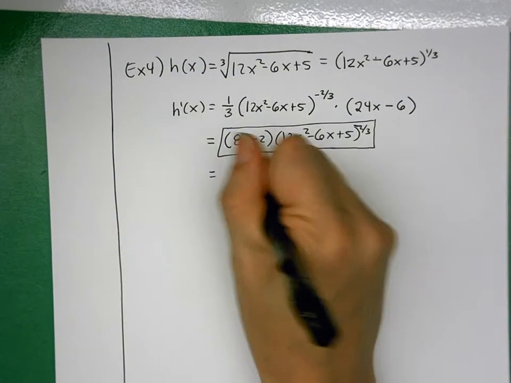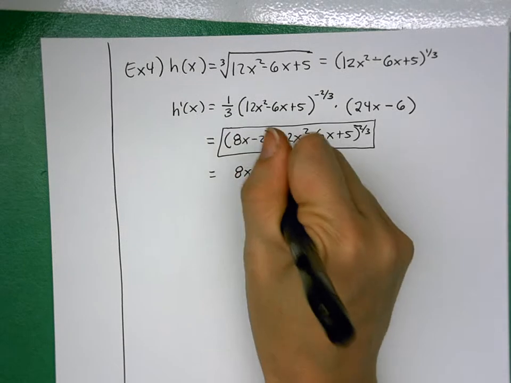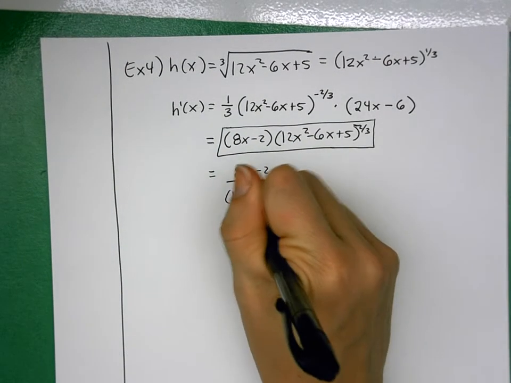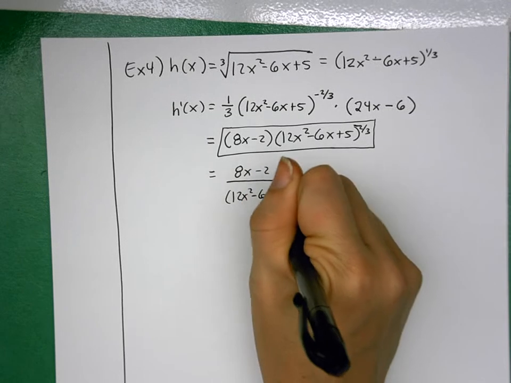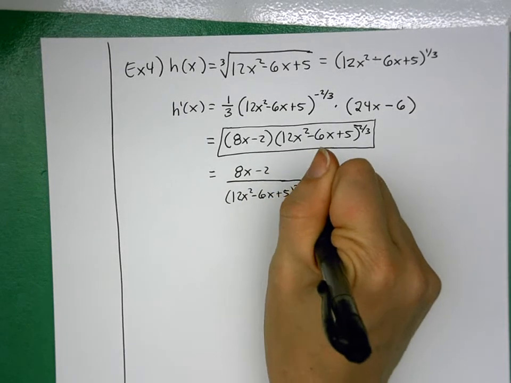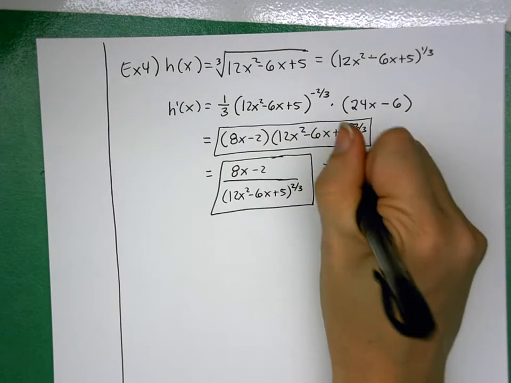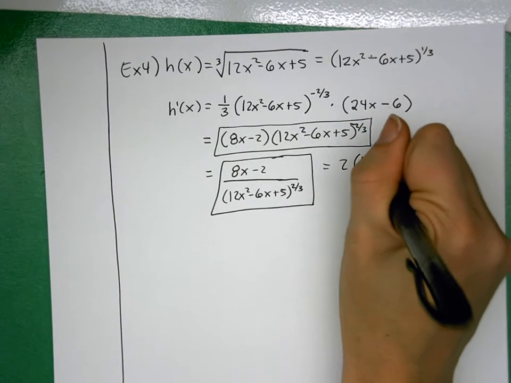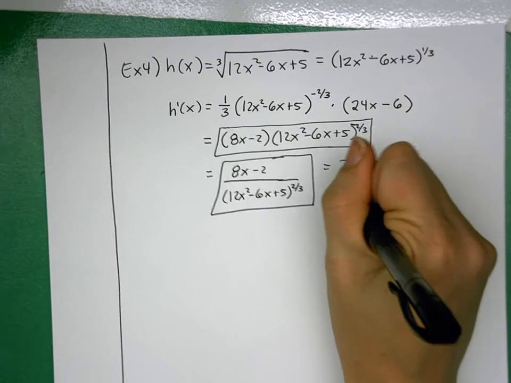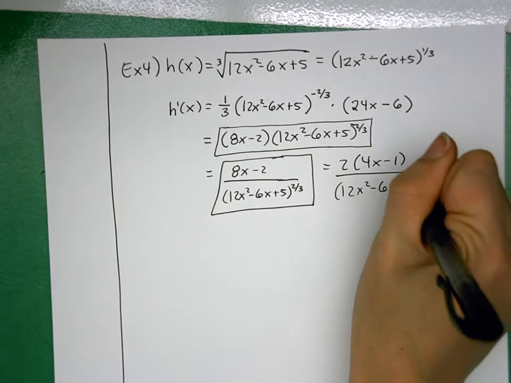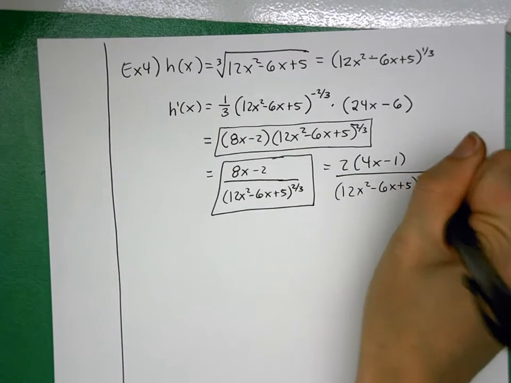Or 8x minus 2 over 12x squared minus 6x plus 5 to the 2/3. The other possibility is we do have a 2 in common up top there. They could potentially factor that 2 out. Like so.